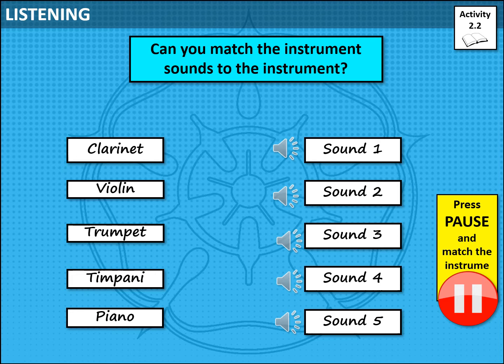Sound 3 for the first time. It's one of my favourite ones, that one. Sound 3 again for the second time. Sound 4 for the first time.